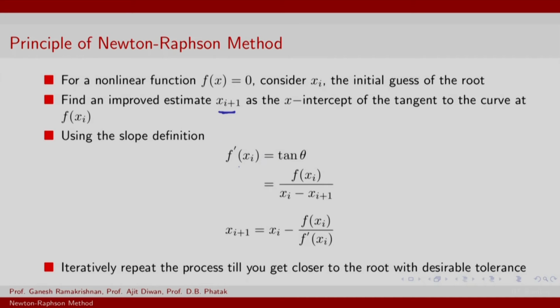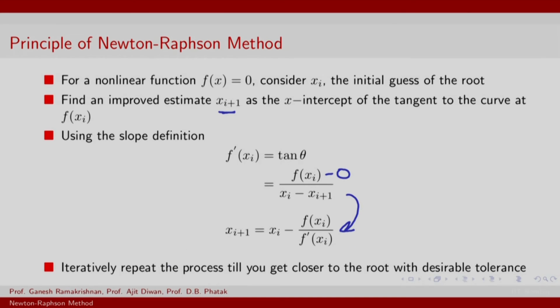The slope f'(xi), which is tan theta, is f(xi) minus 0, where the 0 is the y coordinate of the x intercept x(i+1), divided by xi minus x(i+1). So this rearrangement gives you x(i+1) as xi minus the ratio of the function to its slope at xi.